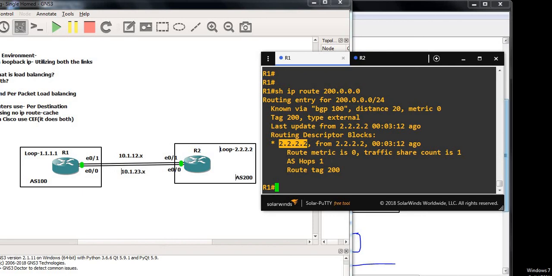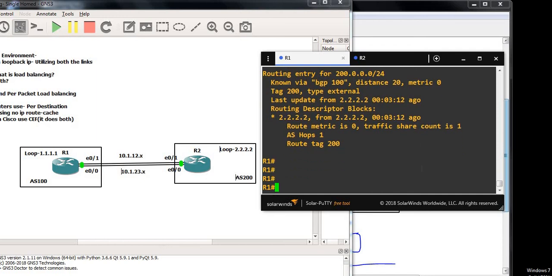So this router will do one more routing lookup, and then it will decide how to route the traffic. So you would think that the traffic is not getting shared. Basically the load balancing is not happening using the BGP routing protocol. It is happening using the EIGRP routing protocol. You see that the traffic share count is 1 here.